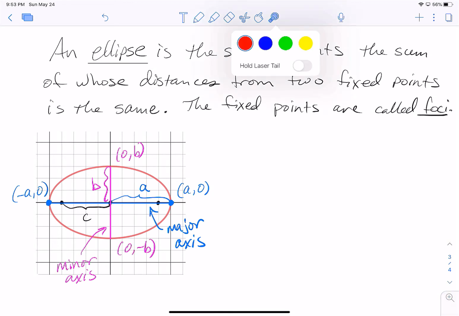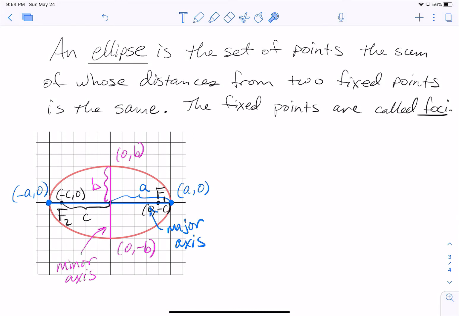I'm not going to put points there though, because I don't want us to think that those are vertices. There are only two vertices. And we'll say the coordinates of the foci are going to be (-c, 0) and then (c, 0). I'll go ahead and label F2 and F1 for the foci.